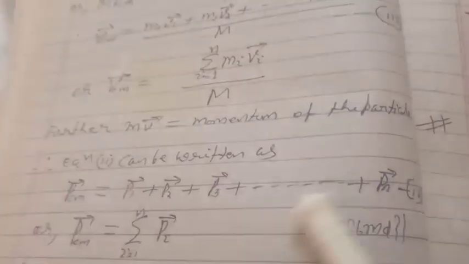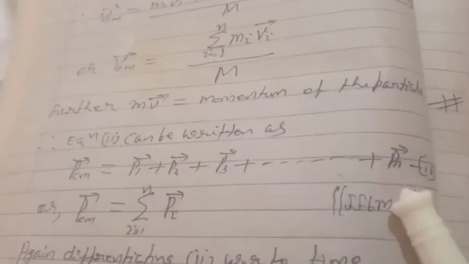Hence V_CM equals m1 v1 plus m2 v2 plus ... mn vn divided by M, or V_CM equals sigma i equals 1 to n m_i v_i vector divided by M. For m v, the vector momentum of the particle, equation 2 can be written as P_CM equals P1 plus P2 plus P3 ... Pn, or P_CM equals sigma i equals 1 to n p_i vector.